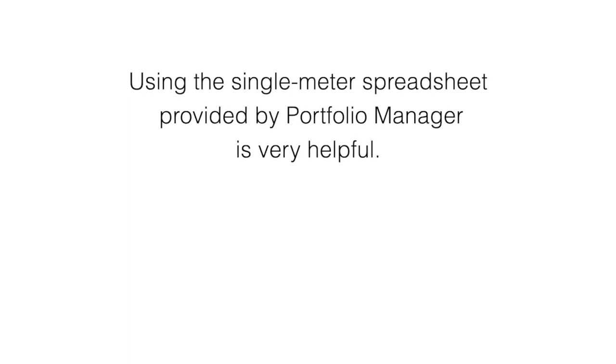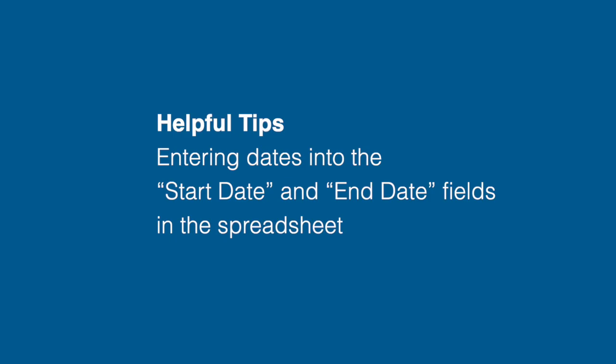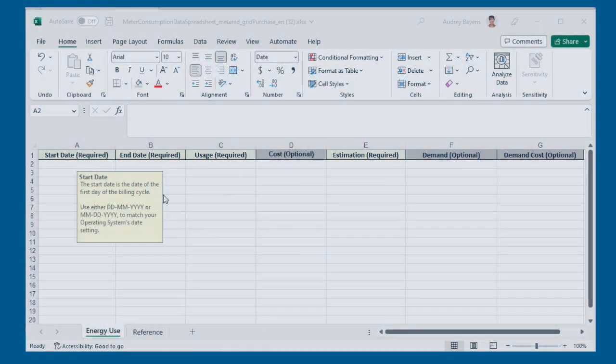Using the single meter spreadsheet provided by Portfolio Manager is very helpful, but there are some issues with the template that may cause problems. Here are some tips for entering dates into the start date and end date fields in the spreadsheet.